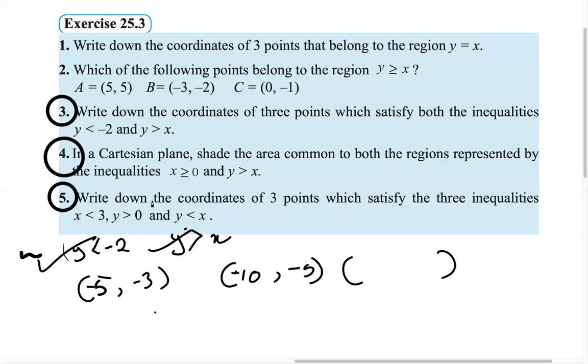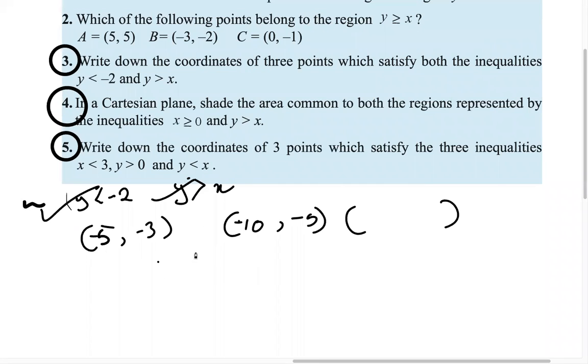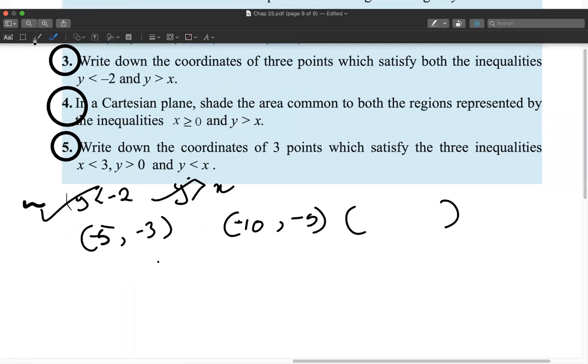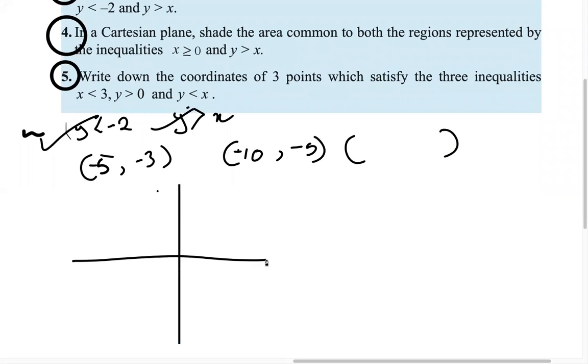Right, the fourth one. In a Cartesian plane, shade the region. x is greater than or equal to 0, which means the y-axis and the right side, and y is greater than x. So if you have the y-axis and the x-axis in this way, the first one, x is greater than or equal to 0, is this region.